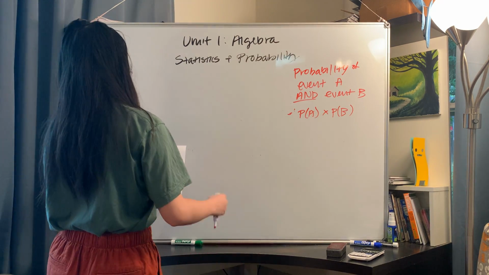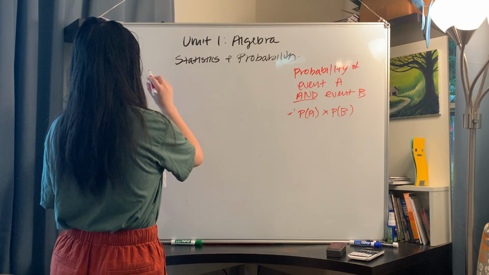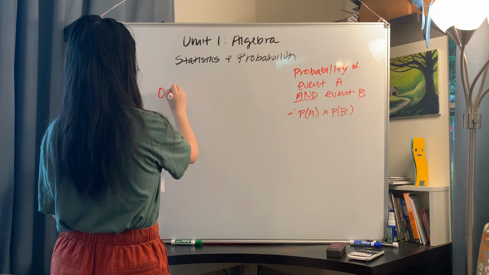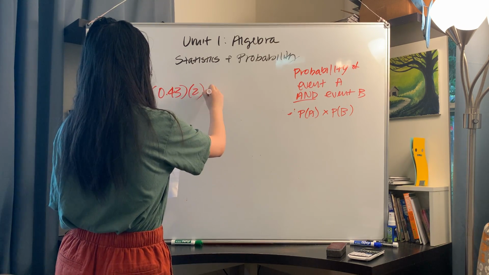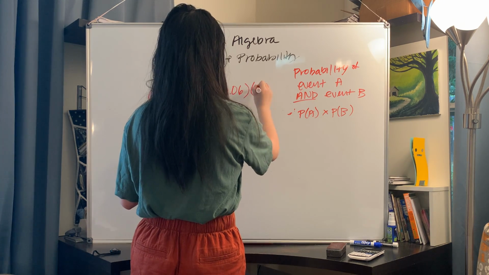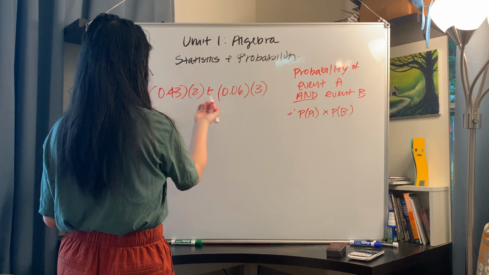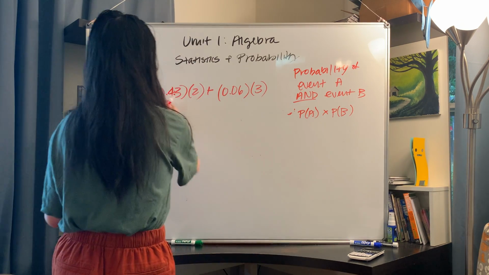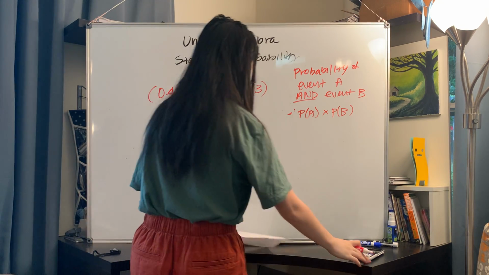So the expected value: 43% are two-pointers, so we have 0.43 times 2, plus 6% are three-pointers, so 0.06 times 3, and the rest are misses, so something percent times 0, which is just 0. When we add these together, we will get the expected value.